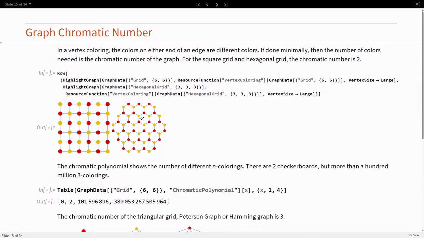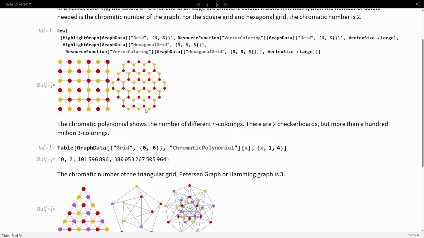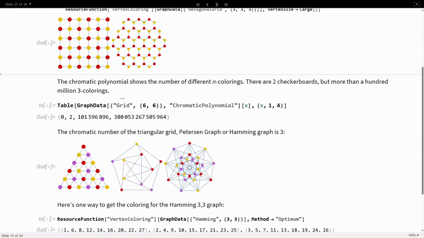And for the hexagonal graph, you basically have the same color at the bottom of each hexagon and the other color at the top of each hexagon. These are 2-colorings of basic lattices. If you go to the triangular grid, you need 3 colors for a vertex coloring.